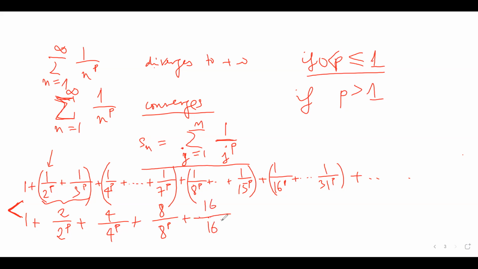So it follows that S_n is always less than the sum of this series, let's say, j equal to 0 to infinity of 1 over 2^{j(p-1)}.